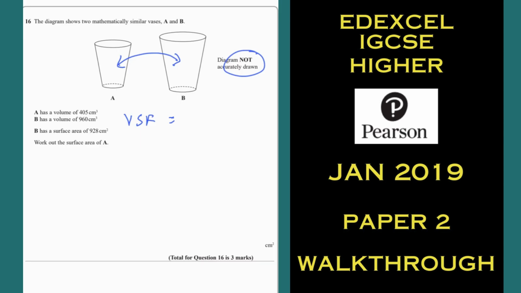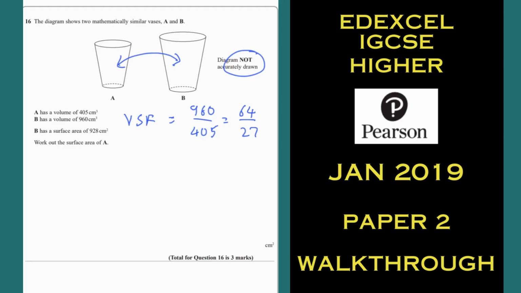So I'm going to work it with the 960 on top. Now, when you stick it into your calc, it'll cancel it down for you. This cancels down, if you've got it upside down, to 27 over 64, but 64 over 27. And they're nice because they are cube numbers.